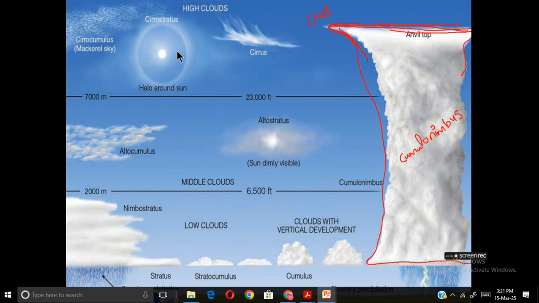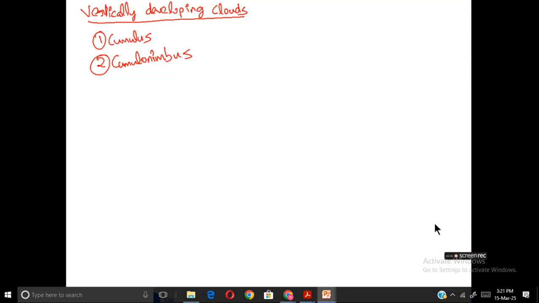This is an example of cumulonimbus clouds. It is vertically developed. Generally these cumulonimbus clouds will be associated with rain showers and light snow, and they are generally associated with hail.